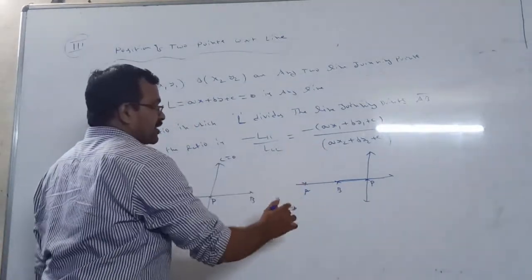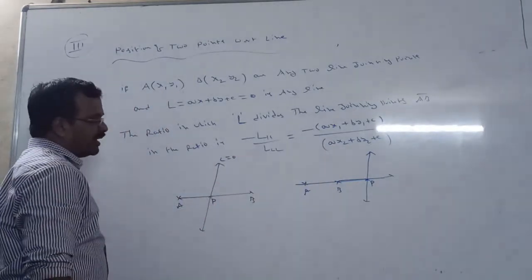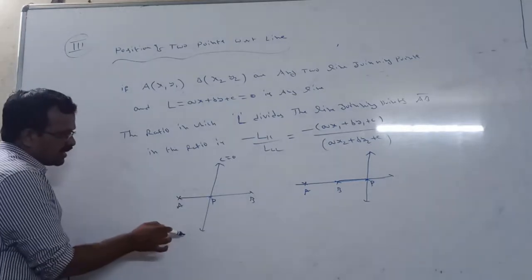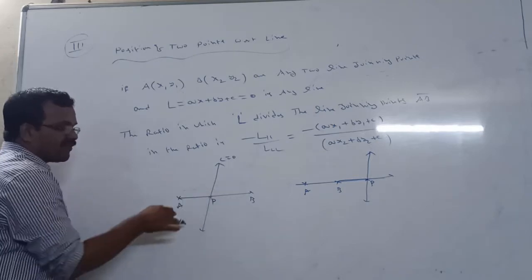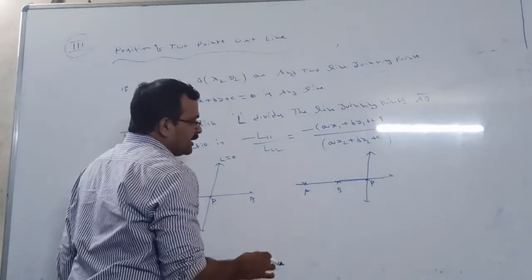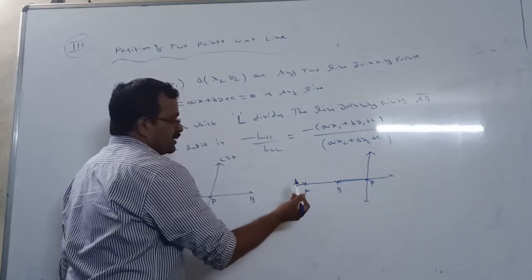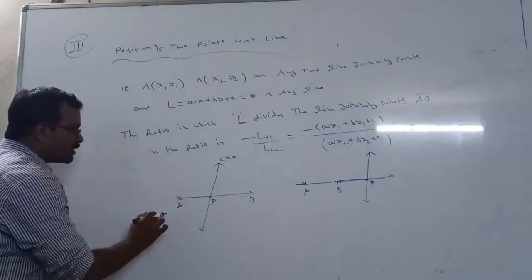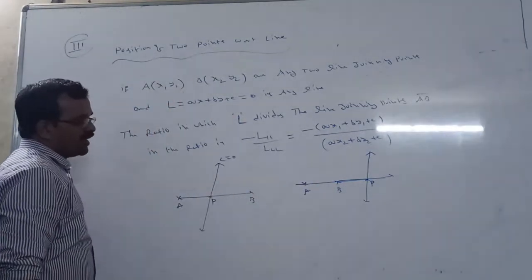The line is external to A and B. So in the first diagram, the line is internal, and obviously both points are on opposite sides of the line. Here the line is external, and obviously both points are on the same side of the line.